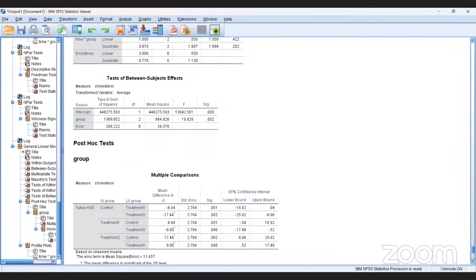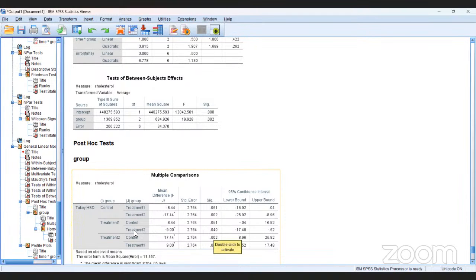Okay. So this is the control group and control group versus treatment 1. It is significant at 0.05 level. And treatment 2, it is 0.002. Similarly, treatment 1 and the control, like that 0.05 and this is the 0.04.